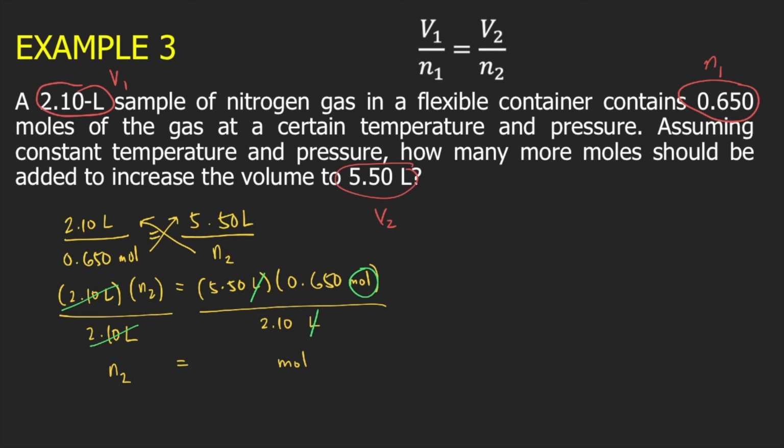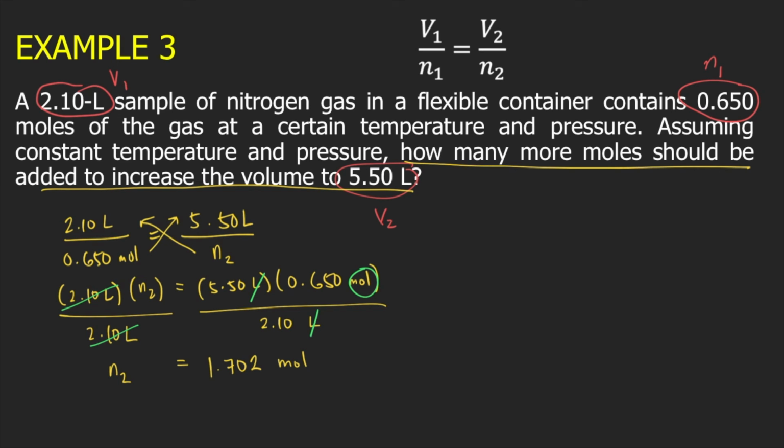And then you solve using your calculator. 5.50 times 0.650 divided by 2.10, and the answer is approximately equal to 1.702 moles. So our final moles is 1.702 moles. But this is not yet the final answer. If you read the problem carefully, it says here how many more moles should be added to increase the volume to 5.50 liters.